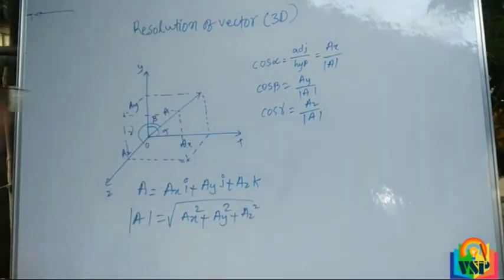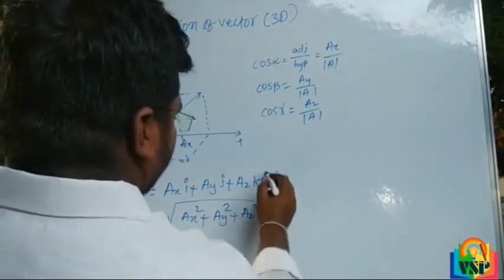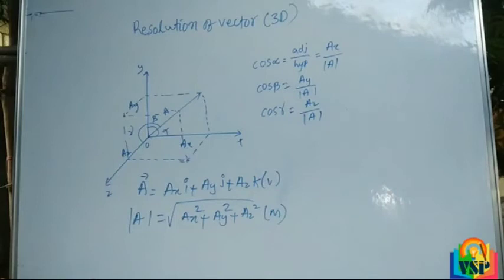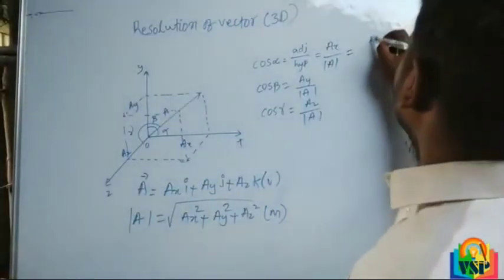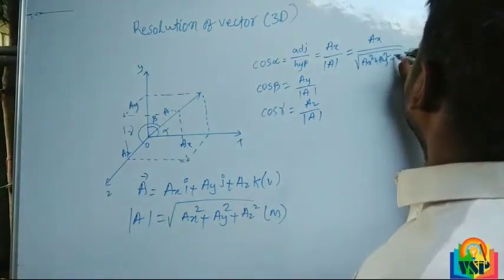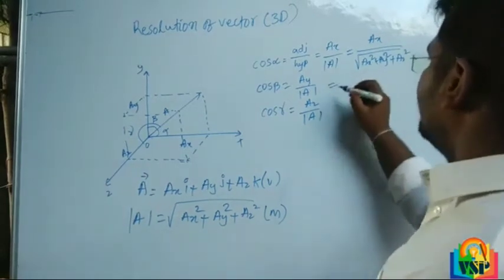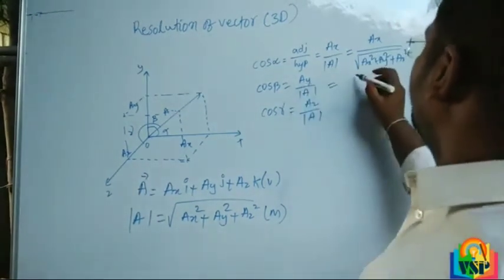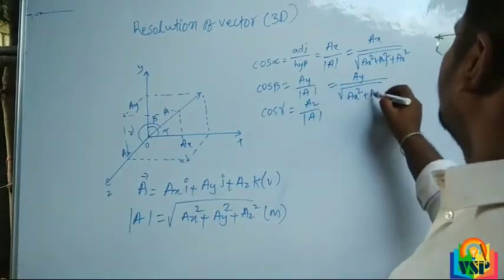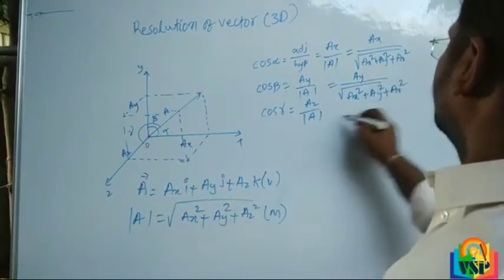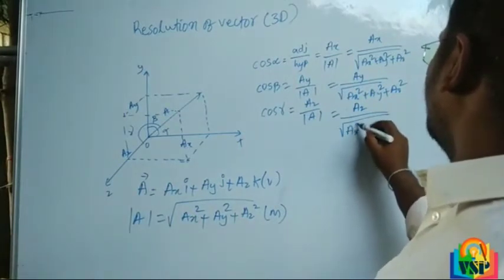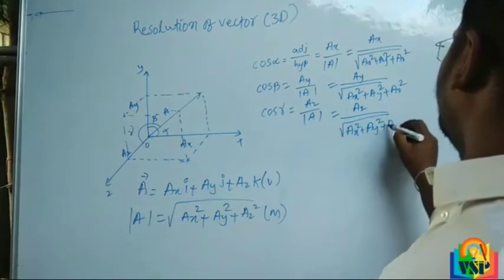So this is the vector, this is the direction, and here it is the magnitude. So cos alpha is ax divided by root of ax square plus ay square plus az square. Again, cos beta is equal to ay divided by the same root of ax square plus ay square plus az square, and cos gamma is az divided by root of ax square plus ay square plus az square.